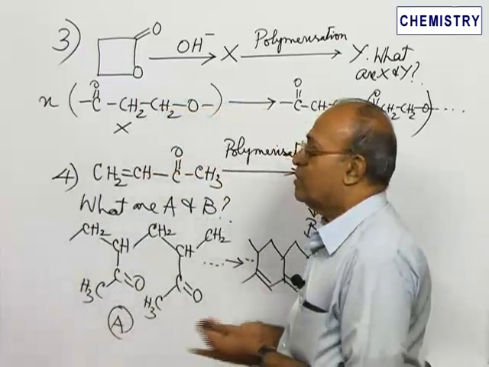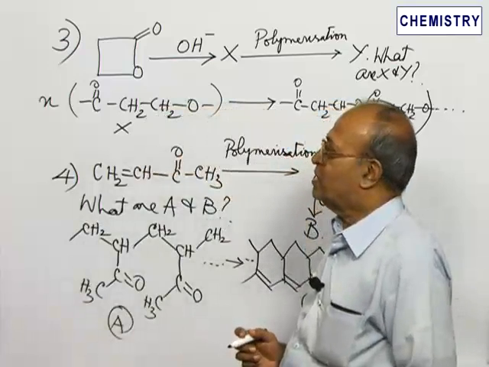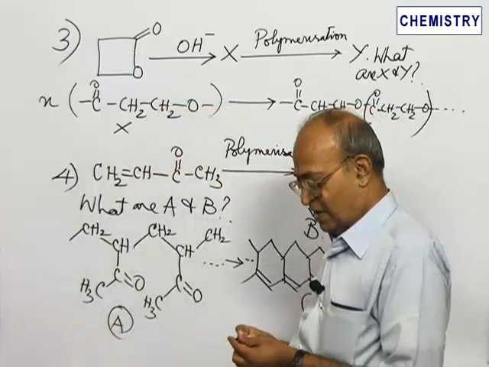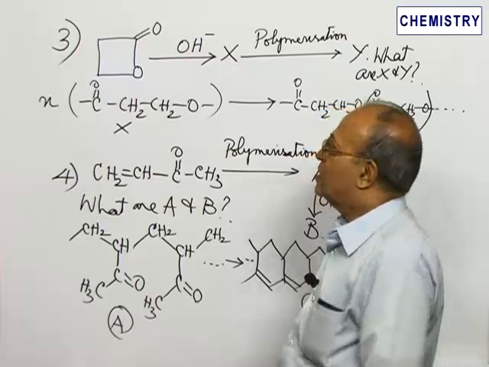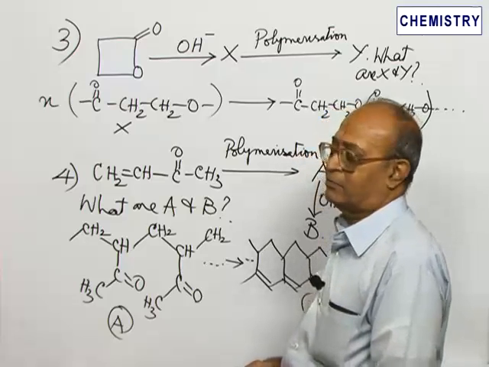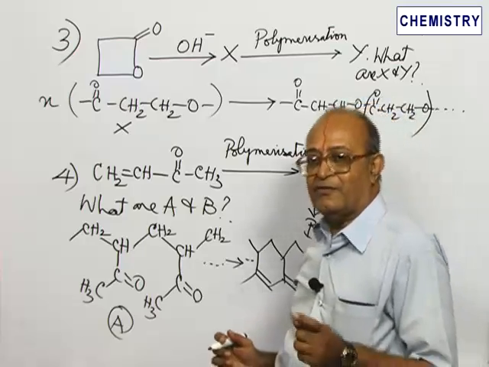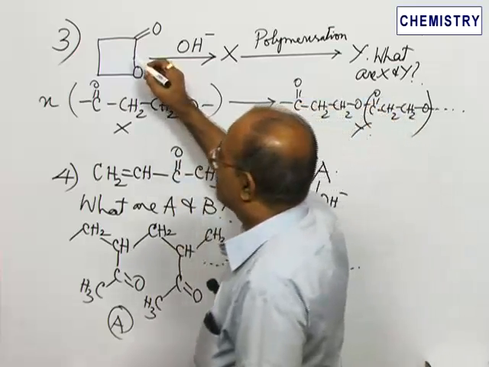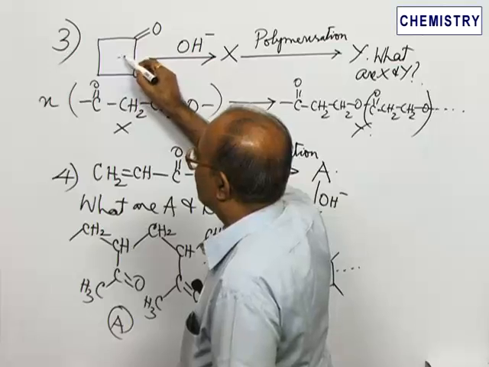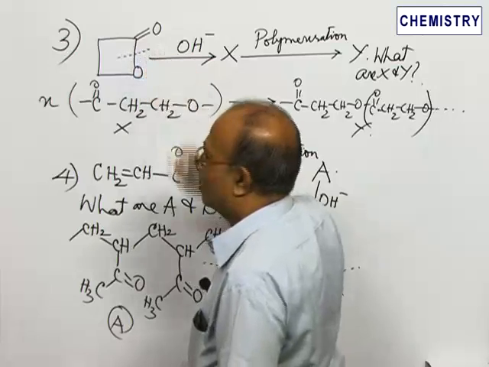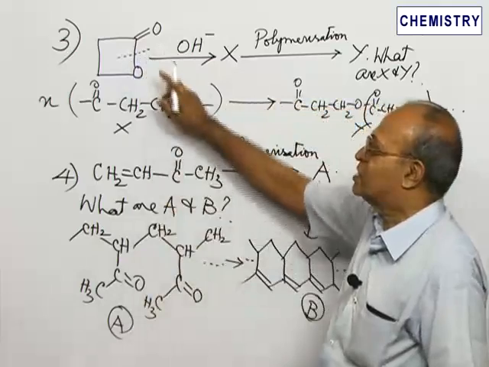Now, whenever a ring structure is considered, in the first reaction, in presence of OH minus, we notice this ring structure breaks down. It breaks at this point.